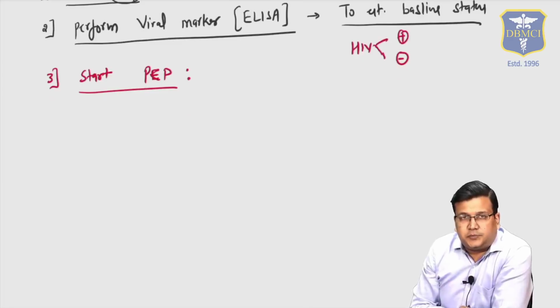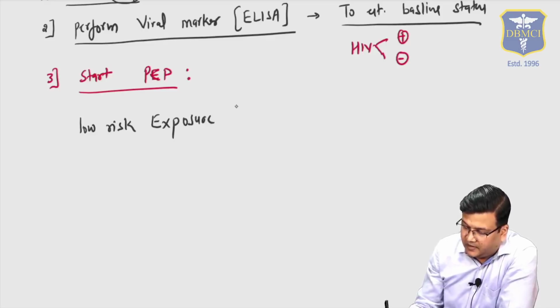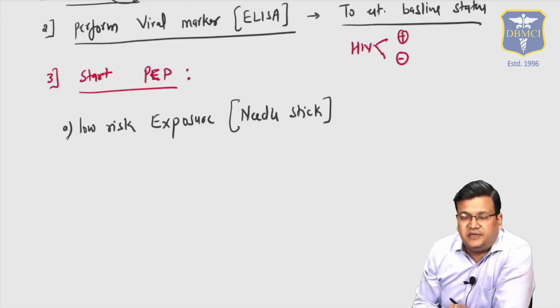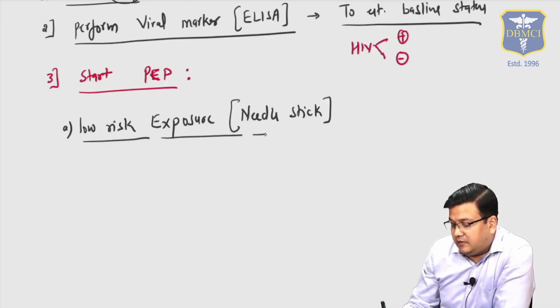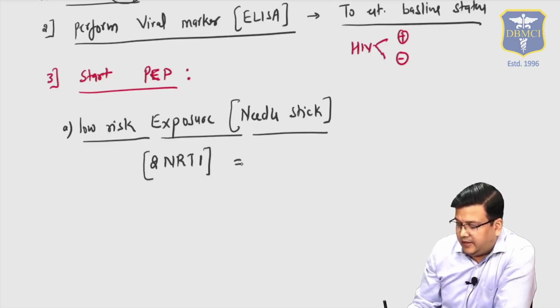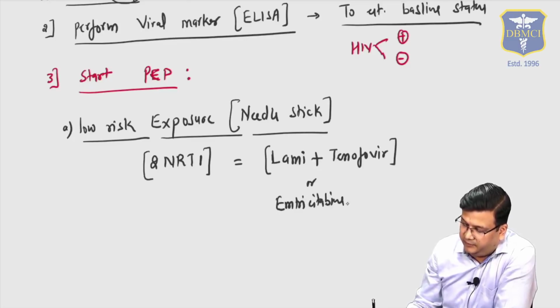Prophylaxis will depend on the level of exposure as per the NACO guidelines. If there is a low risk exposure like needle stick injury, the chances of transmission of HIV are very less, then we will give 2 NRTIs, and the preferred combination is lamivudine plus tenofovir, or you can give emtricitabine in place of lamivudine plus tenofovir.